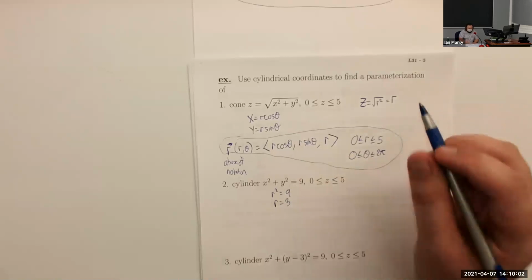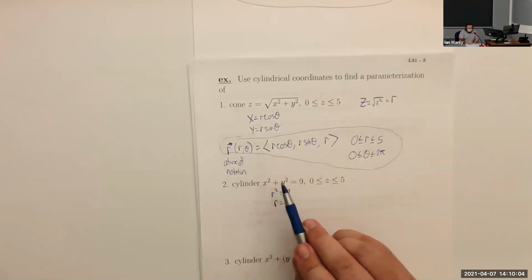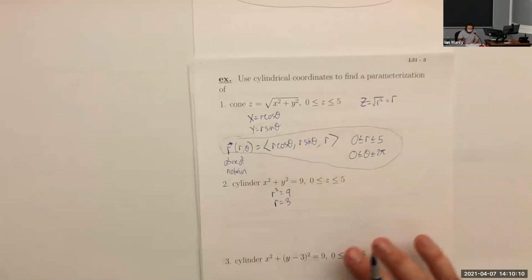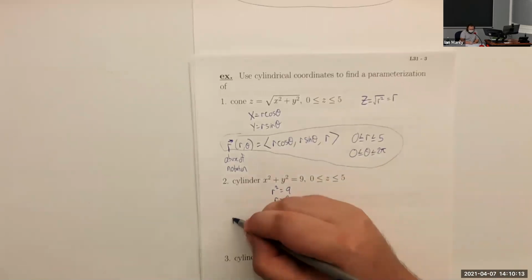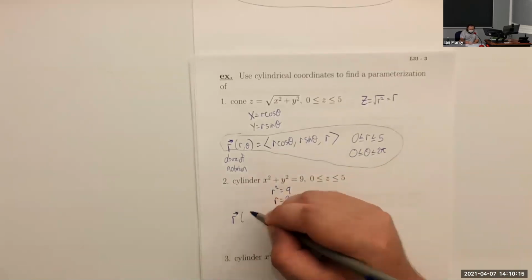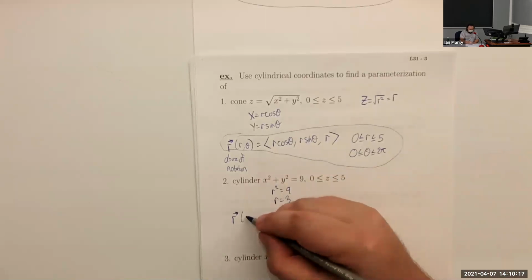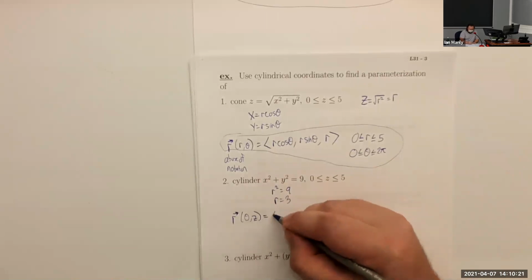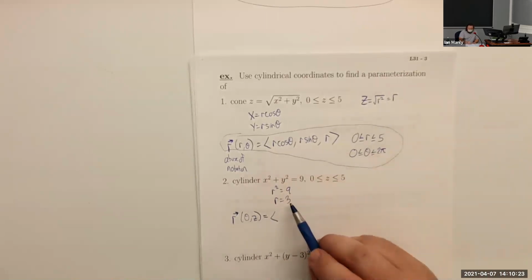So we want to parameterize x and y. Let's see if we can come up with that. This time we're just going to use theta and z. Since x squared plus y squared is 9, we know that r has to be 3.